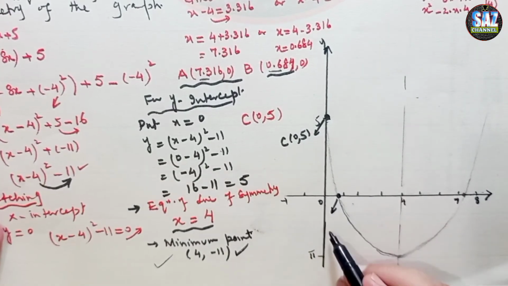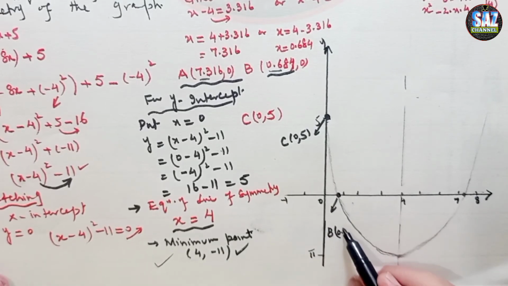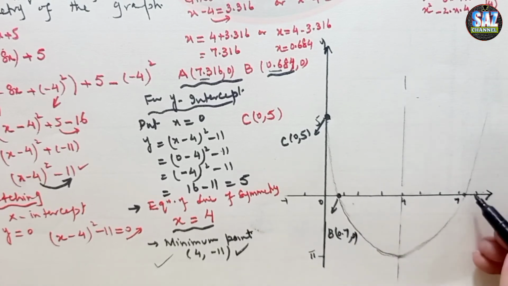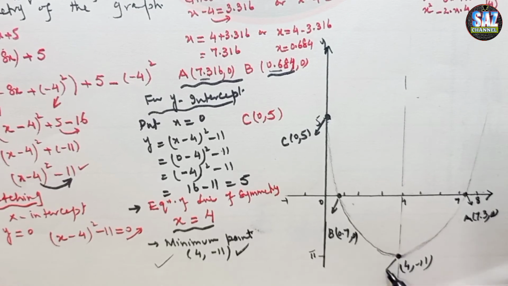This is point B, and this is point 7 I've taken around, for approximation purposes. And this is (7.3, 0), and this is my minimum point, (4, minus 11).